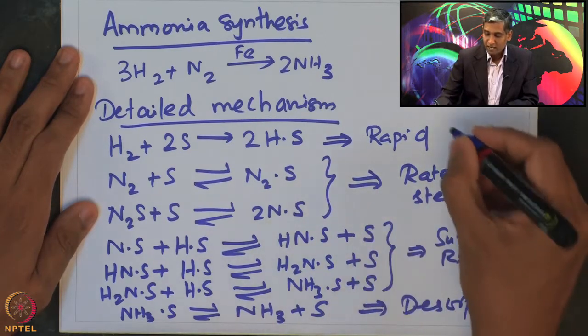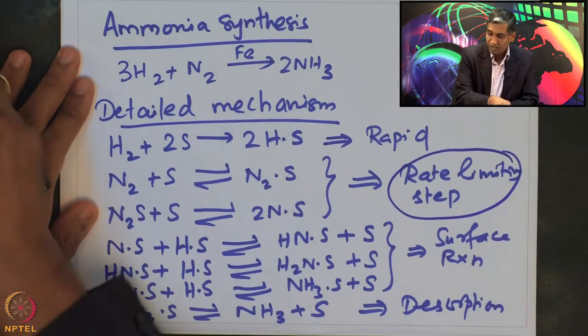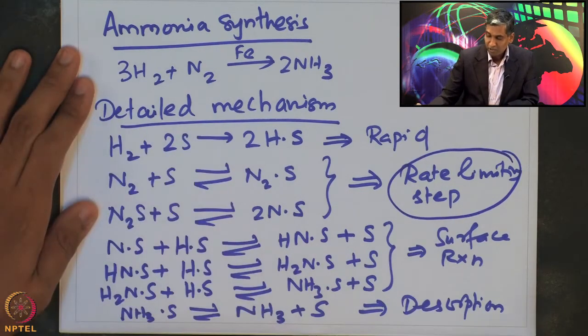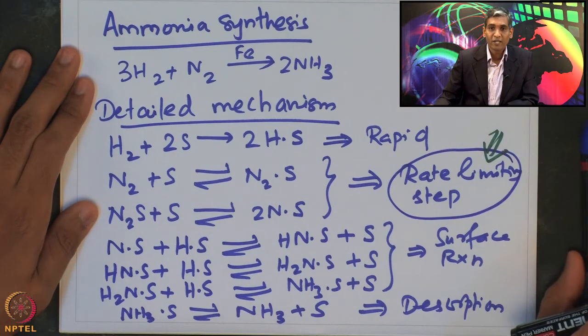So, in this case the adsorption of N2 is the rate limiting step, and the overall reaction is controlled by this rate limiting step of the ammonia synthesis process.